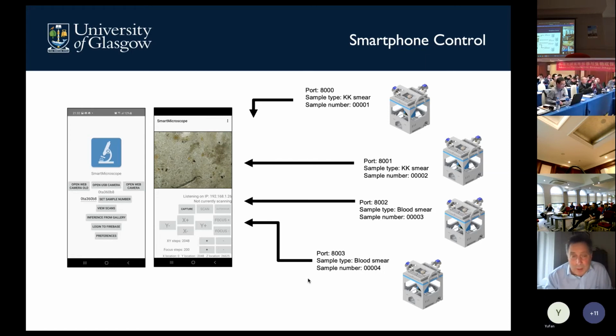And one of the nice things about mobile phones now is that you can use them as LANs, as local area networks. And in fact, we can run multiple devices using one phone and collect information from multiple devices.